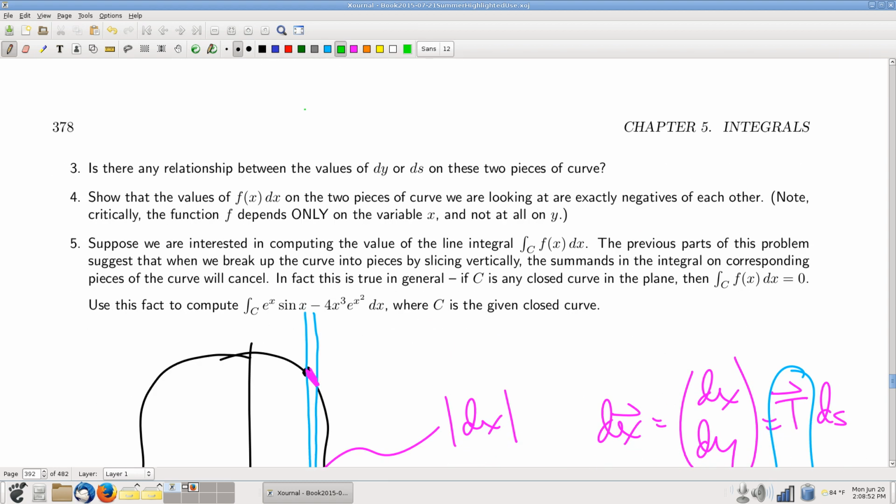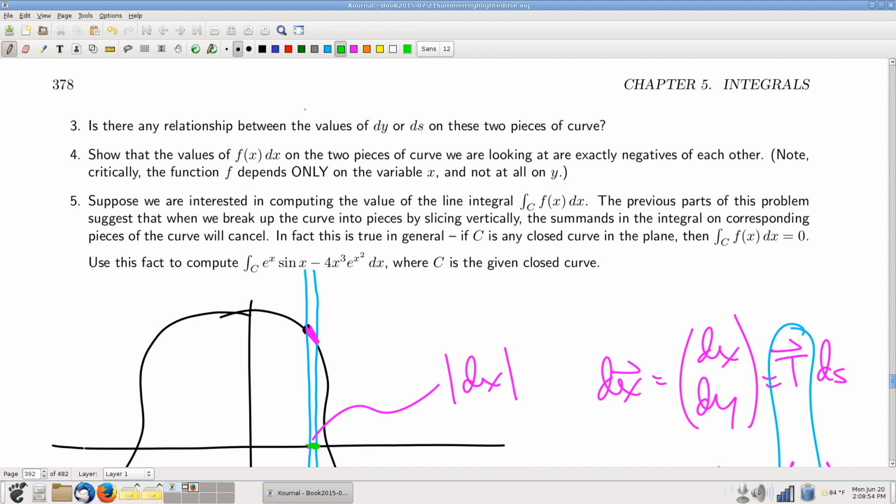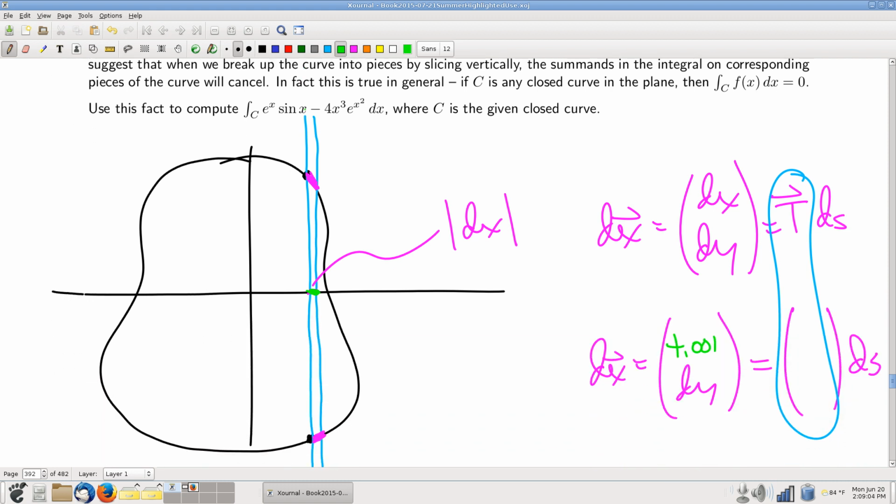Okay. So let's show that the values of f of x dx on the two pieces of curve are exact negatives of each other. We've already agreed that on this piece, dx was negative 0.001, and on that piece, dx was positive 0.001.